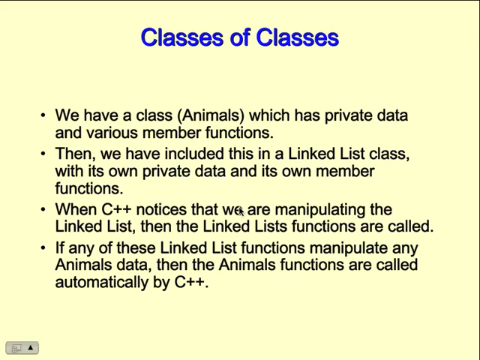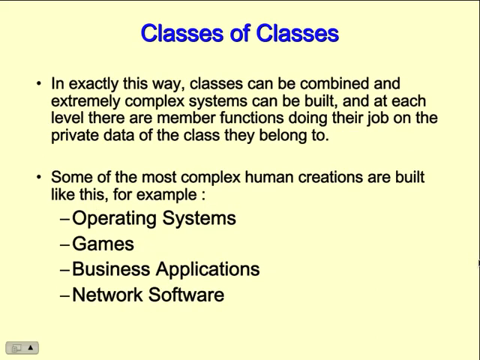And just like in C++, we can manipulate the linked list when the linked list functions are called. We can call the methods, get the data members. We can essentially have a list of objects that are running. So if any of these linked list functions manipulate any of the animal data, then the animal functions are called automatically by C++ in terms of linked list items.